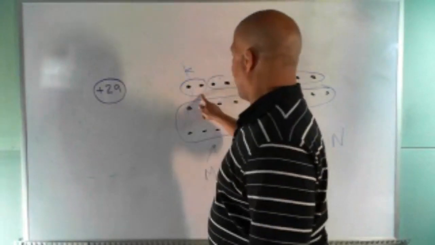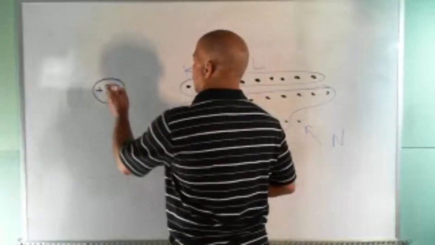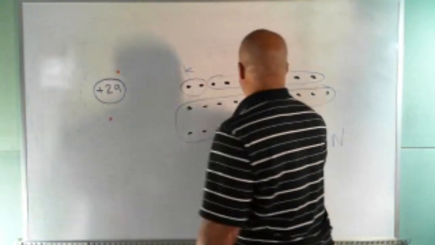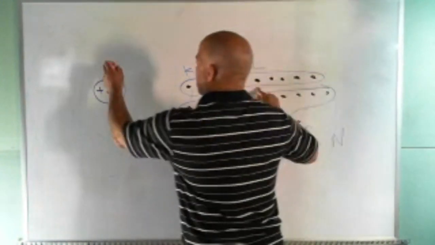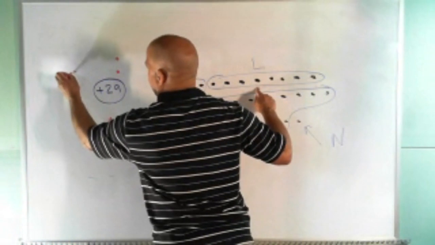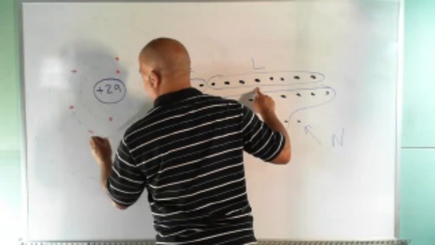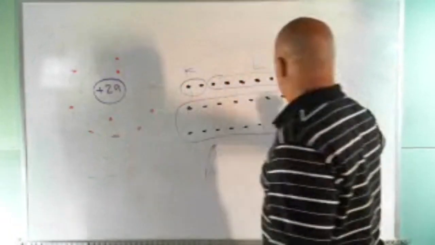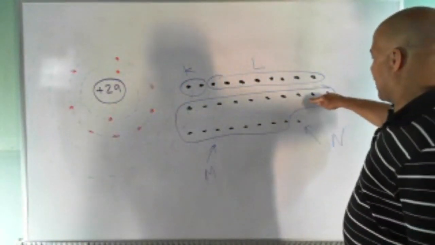So these two right here are in the K shell. So these two are right here. I got 2 electrons here. And the next, I got 8. I go 1, 2, 3, 4, 5, 6, 7, 8. And then the next one, I got 18.